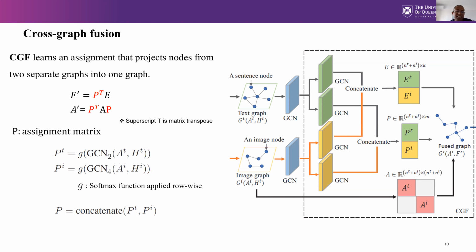There is also one threshold in the text graph. These thresholds are hyperparameters in the network, which need to be tuned. Got it. Thank you. Thanks.